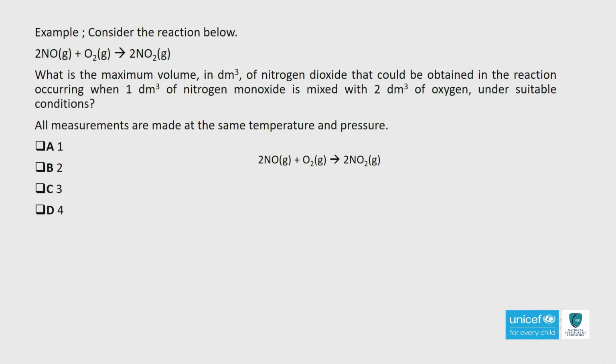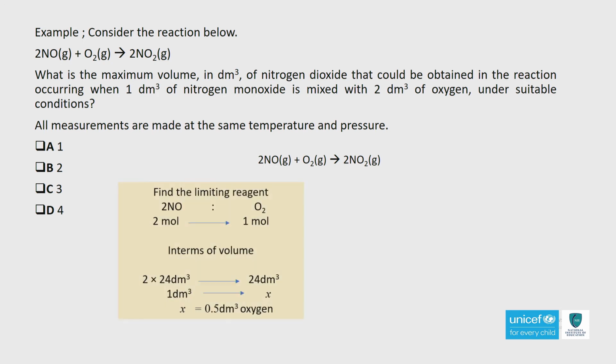So, the first step is, even though the question does not talk about limiting or excess calculation, you have to do the calculation. So, finding the limiting reagent. According to the equation, 2 moles of nitrogen monoxide react with 1 mole of oxygen. In terms of volume, 2 moles will occupy 2 times 24 dm cube, and 1 mole will occupy 24 dm cube.